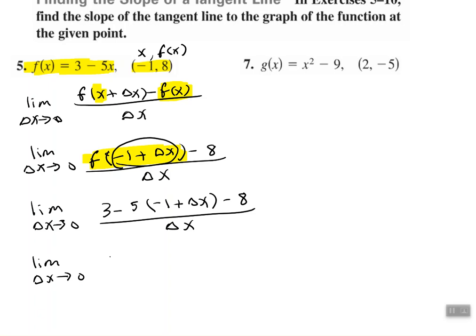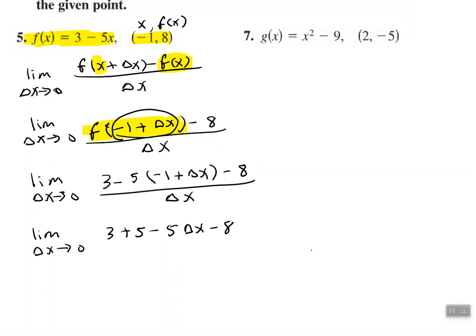All right, and then let's simplify this. So let's distribute that -5, all over delta x. Alrighty, let's simplify this a little bit. So we have 3 plus 5 is 8, and 8 minus 8 is 0.